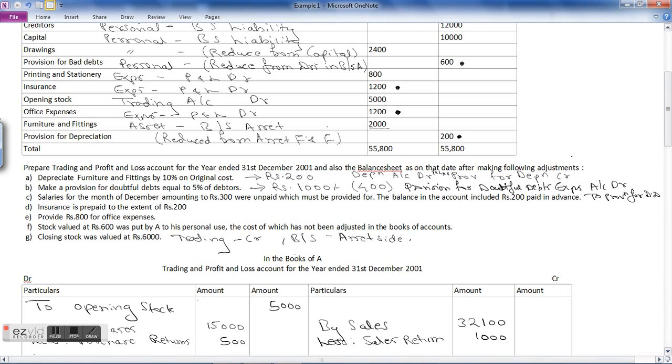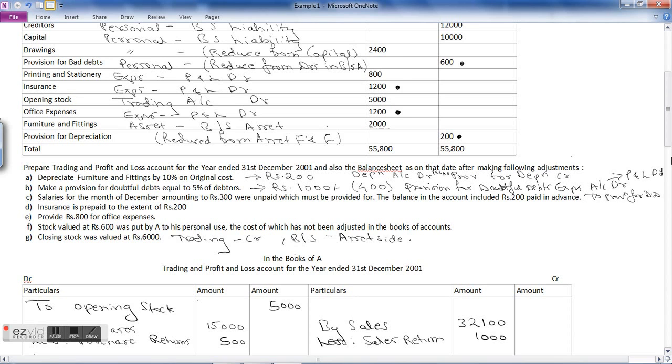So this will get transferred to your profit and loss account finally. So you are reducing the profit to make an extra provision of rupees 400. So this provision for doubtful debt expense account will go to your profit and loss account debit, and then your balance in provision for doubtful debts, which was already 600 rupees, will increase to 1000 rupees. You have to add rupees 400 to that provision for doubtful debts.